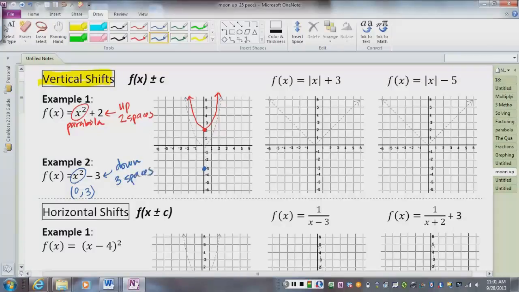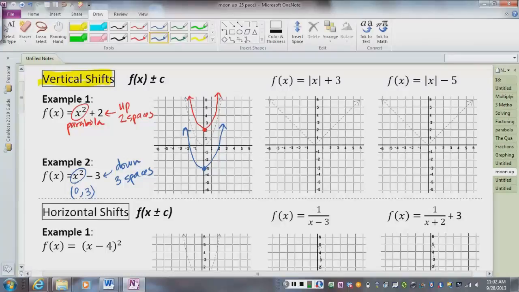So my vertex gets shifted down 3 spaces, and then from there, I'm just going to draw the same shape. Please excuse the fact that my parabolas don't hit exactly all the same lattice points as if I was drawing it with the parent function, but for the purposes of this video, same shape, we're shifting it up and we're shifting it down.